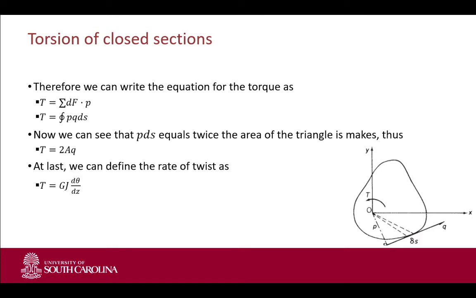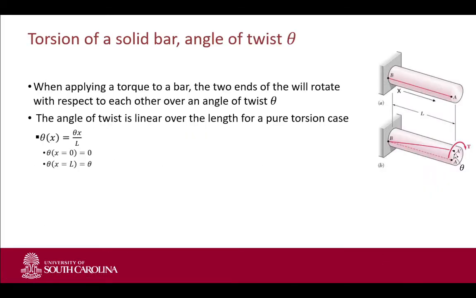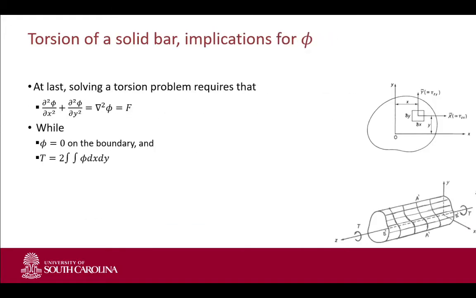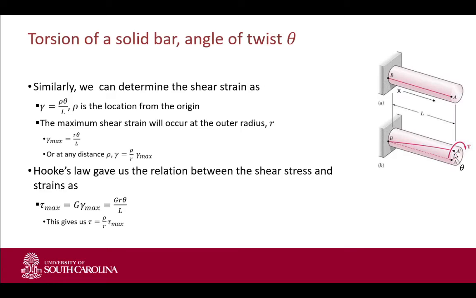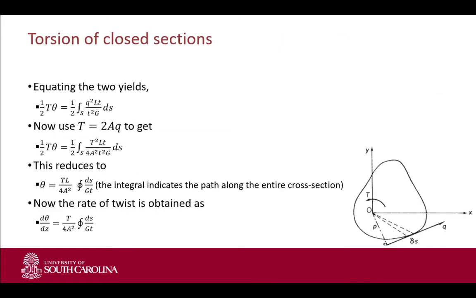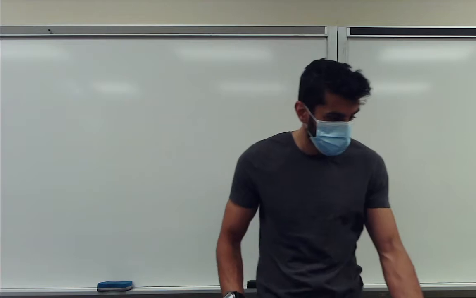So this was for closed section, and now we can go back a couple of slides to the closed sections or solid bars. And we got our rate of twist down below. So now we're going to do the same, but then for closed section, basically a thin walled structure. And for that, we're going to continue on the board.